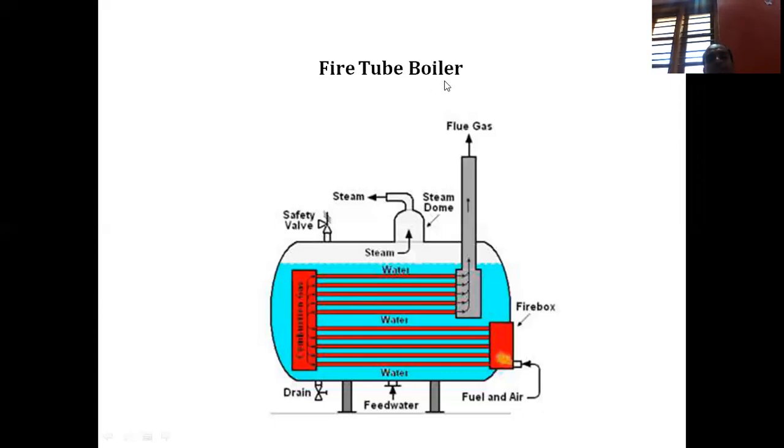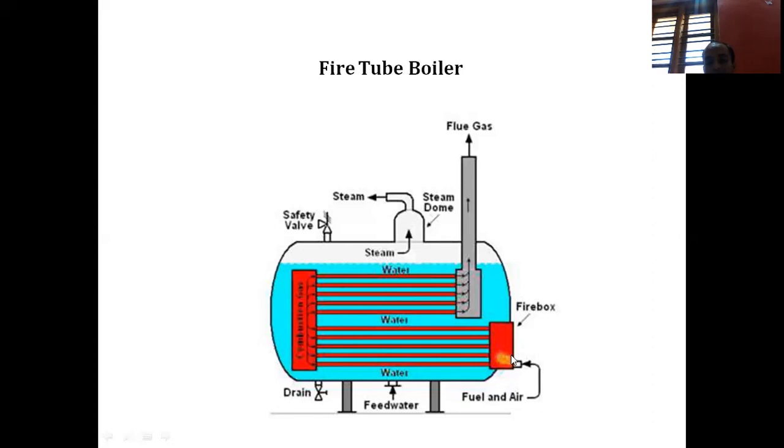In simple words, in the sketch you can see there are tubes, these red colored tubes. On one side the furnace is located, and these tubes which you are seeing here are placed inside the water. So there is an elliptical shaped boiler shell within which these tubes are there, and these tubes are surrounded by water on all sides.